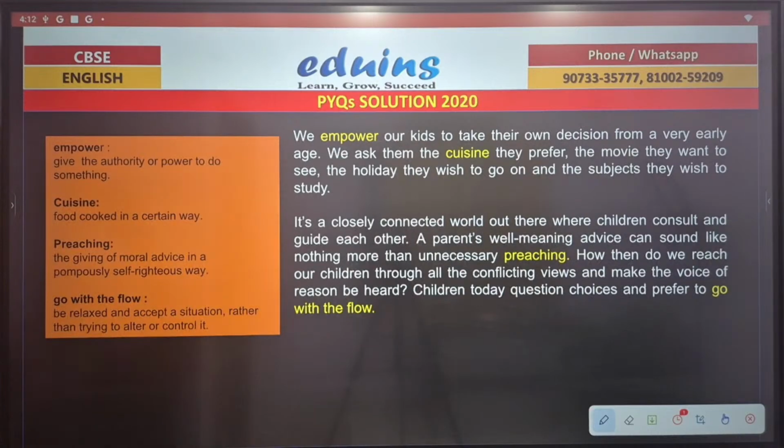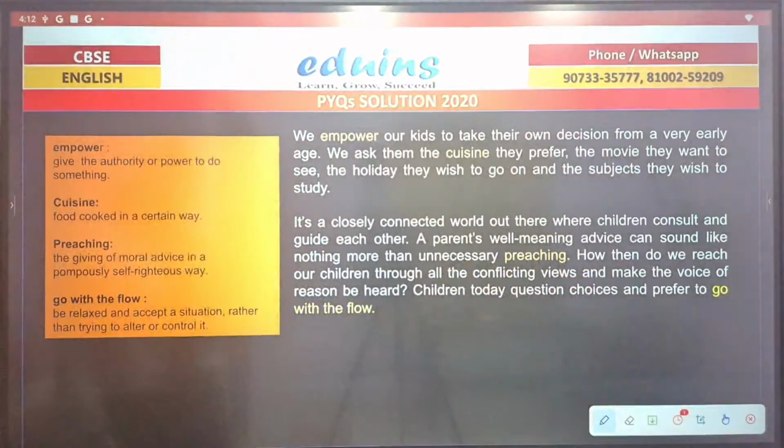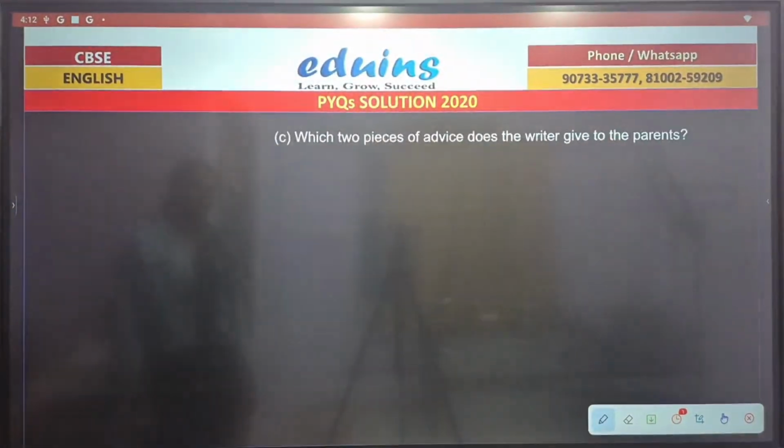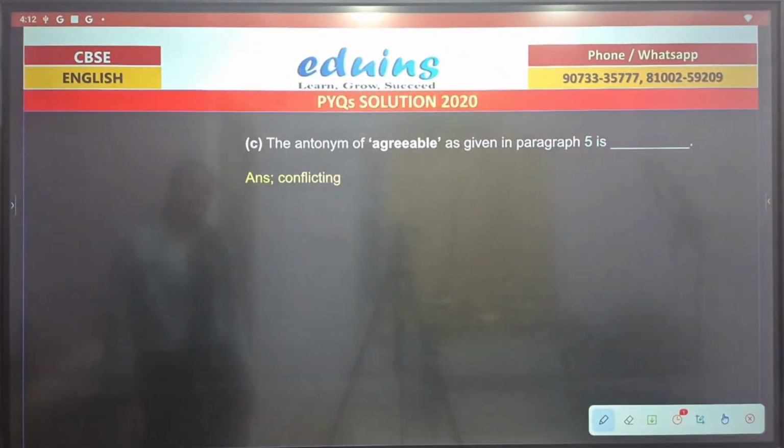Now, what will be the answer? Any guess? What will be the opposite word? We got the opposite word, that is conflicting. Agreeable, conflicting. Total opposite. So our answer is conflicting.